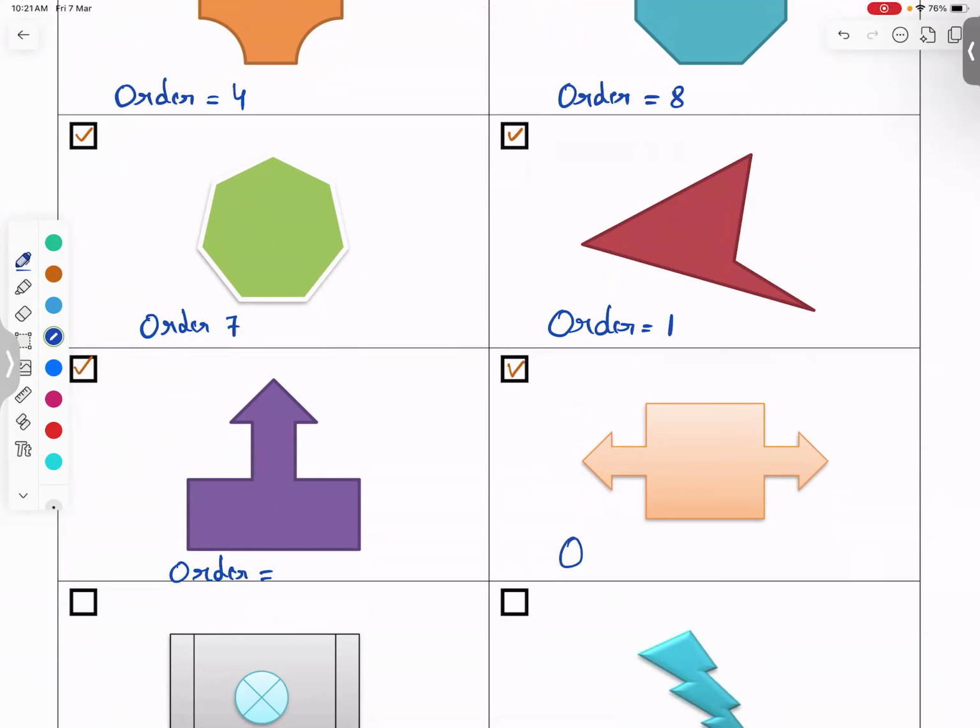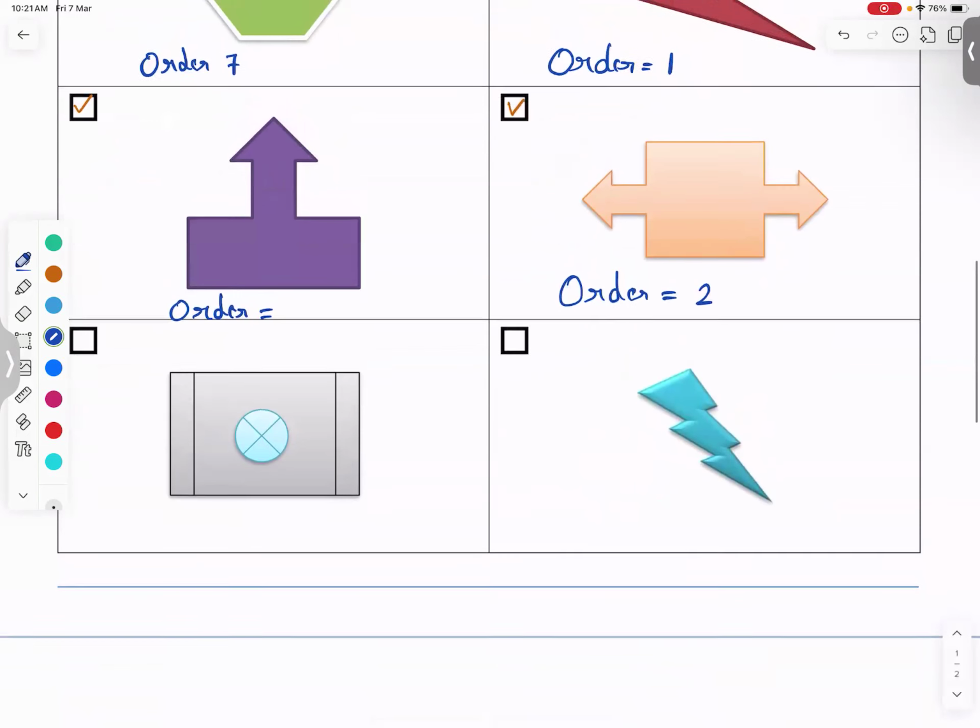So the order of this diagram is two. Rotational symmetry order is two. And for this one, this side can be placed at this place and the other can be interchanged, so it also has two order rotational symmetry. Order is two.